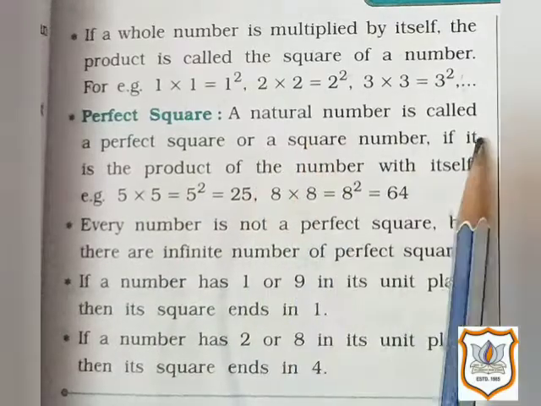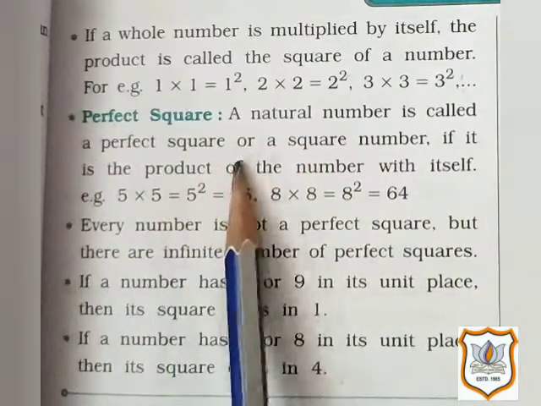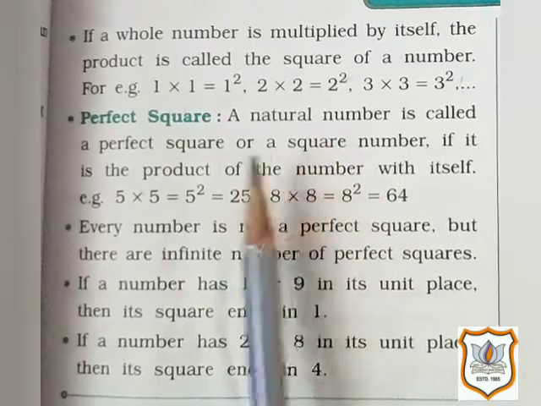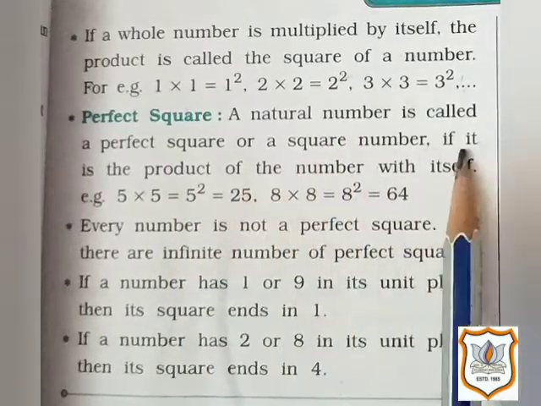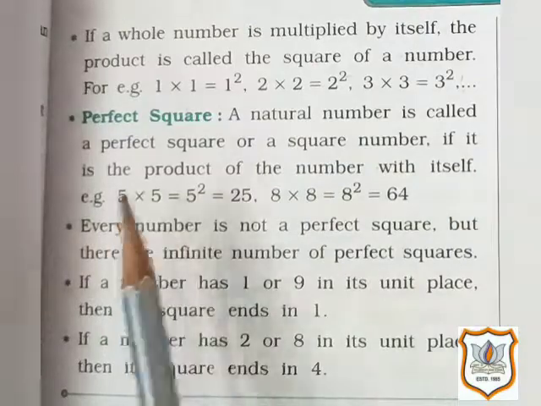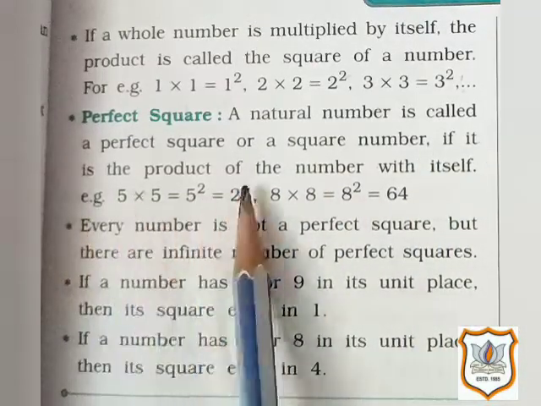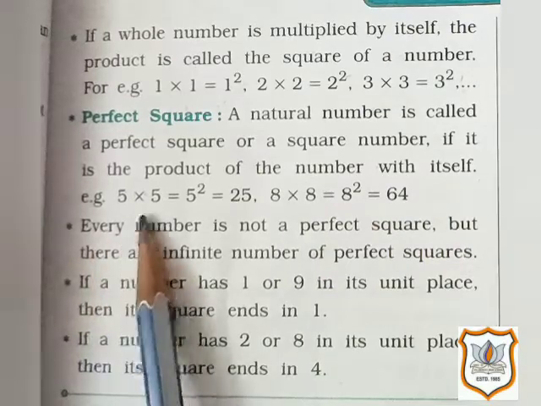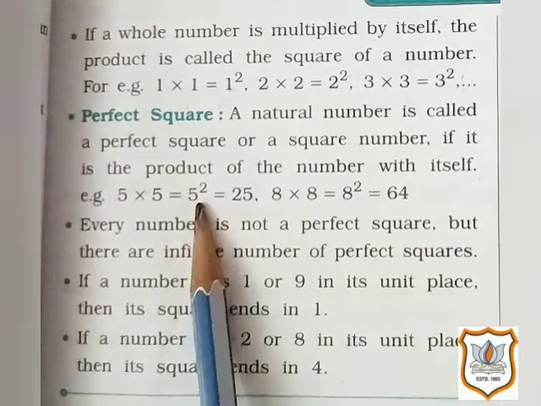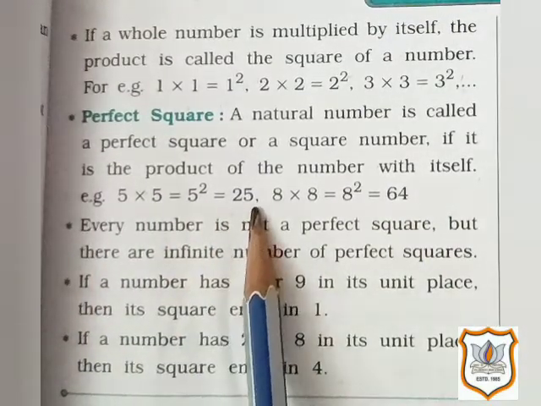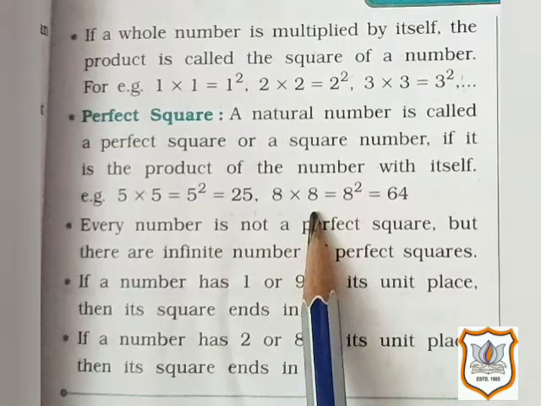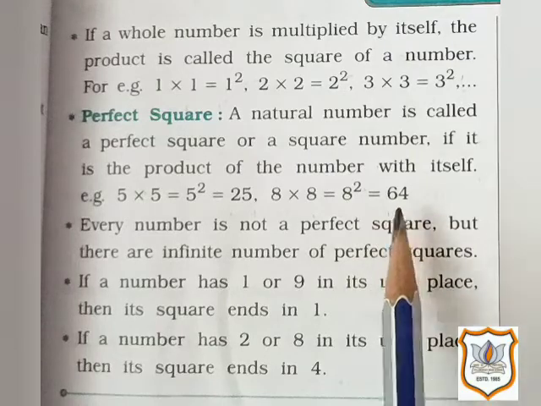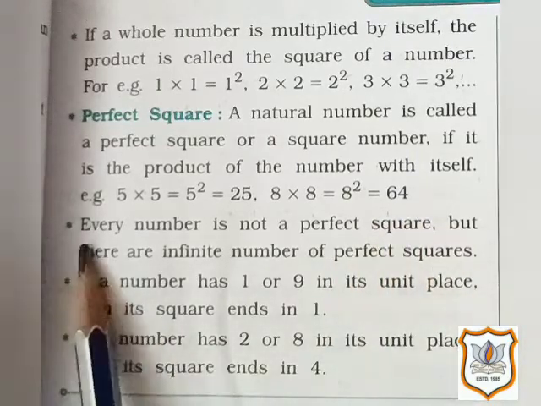A natural number is called a perfect square or a square number if it is the product of the number with itself. So students, this is the definition of a perfect square number. For example, 5 multiplied by 5 is equal to 5 square, which is 25, and 8 multiplied by 8 is equal to 8 square, which is 64.